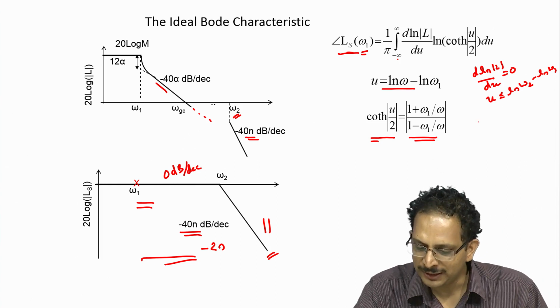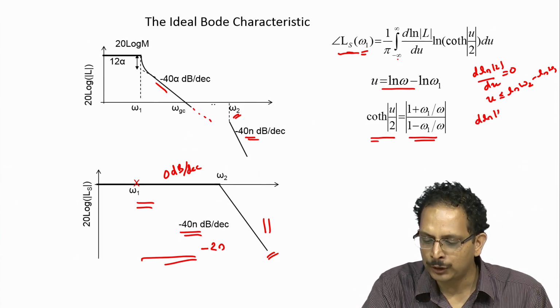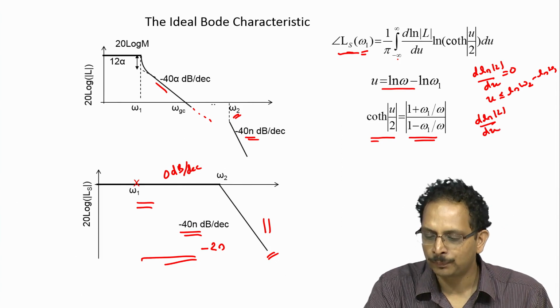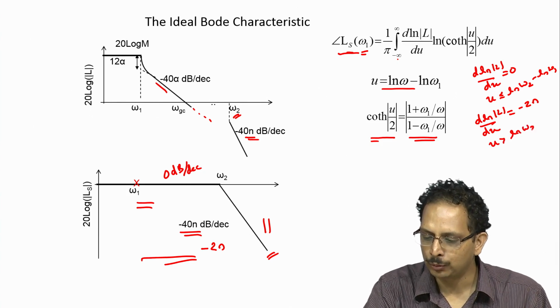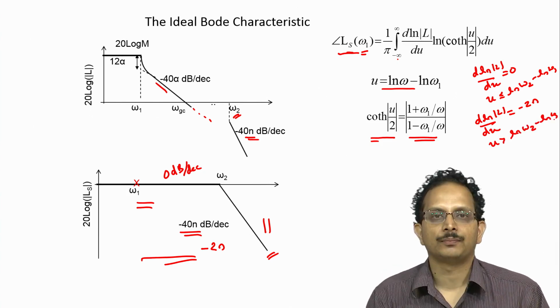So, what that means is that d of ln of magnitude of L by du is going to be equal to minus 2n for u greater than ln of omega 2 minus ln of omega 1.